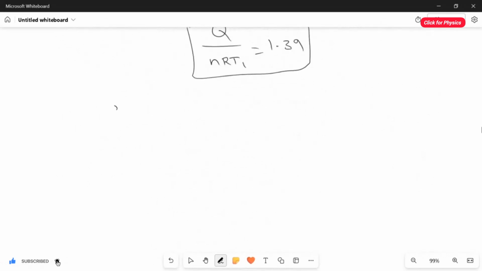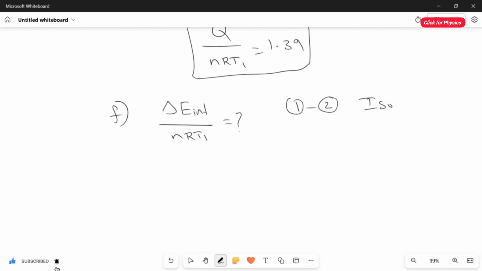Now we have to come for part F. What is the question in part F? Let's write. In part F, they ask you to find change in internal energy over N R T1. We have to find it again for path 1 and 2. This path is isothermal, right? Isothermal means, what's the condition? Change in internal energy is equal to 0. So that means we don't need to substitute anything.